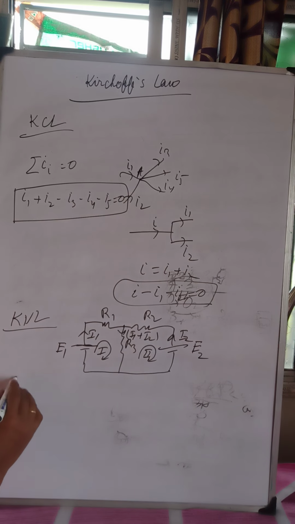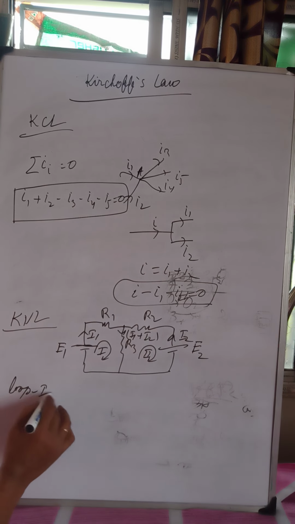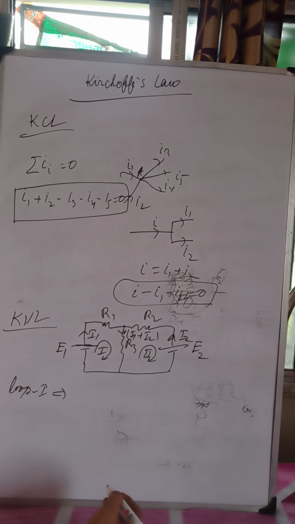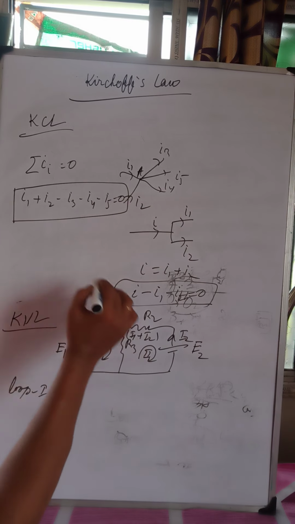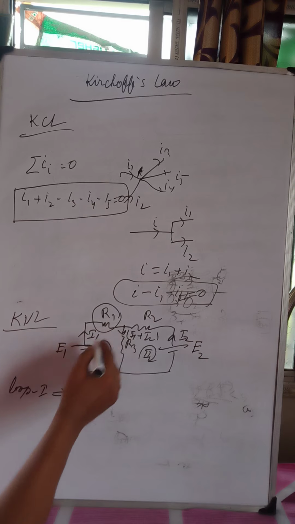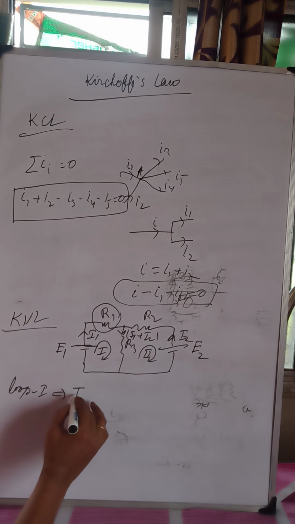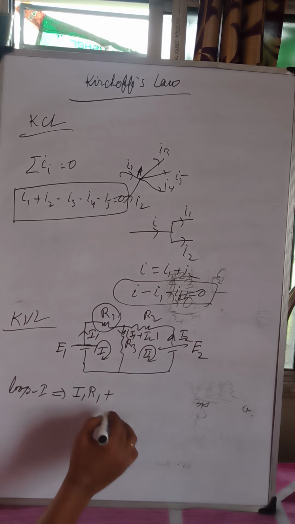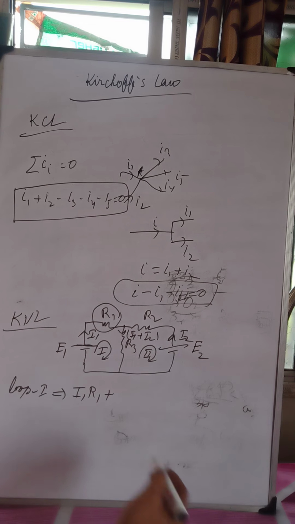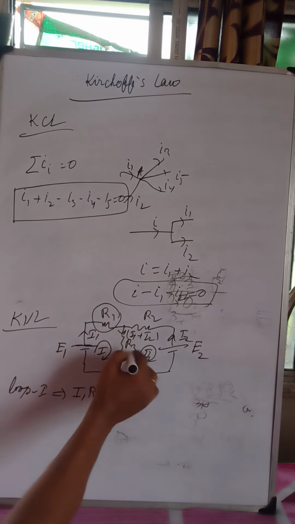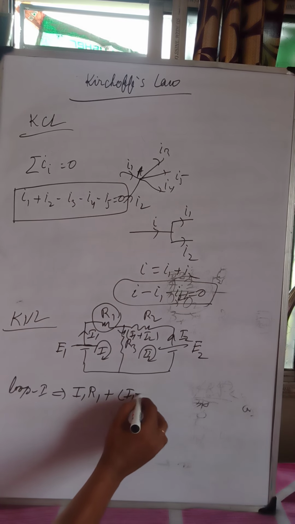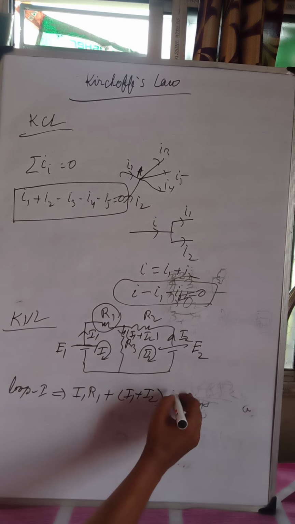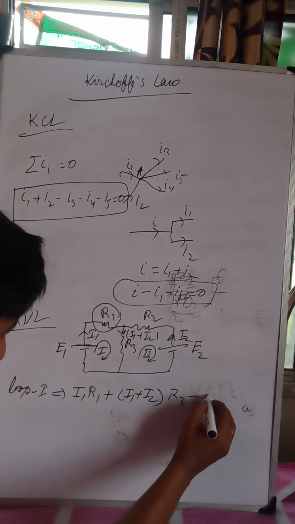For loop 1, see, the voltage drop in a resistance is the product of resistance and the current through that resistance. R1 into I1 plus, see here, I1 plus I2 is the current through resistance R3, into R3, will be equal to E1.